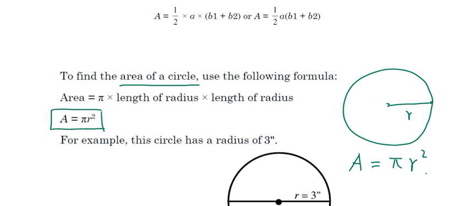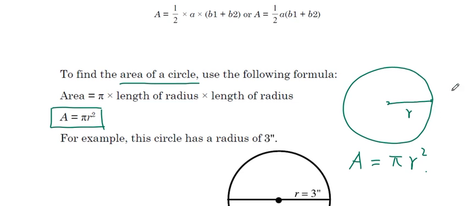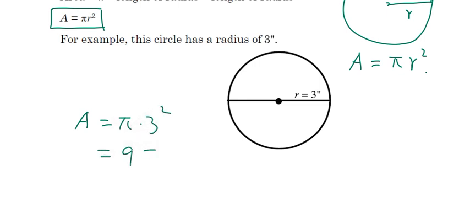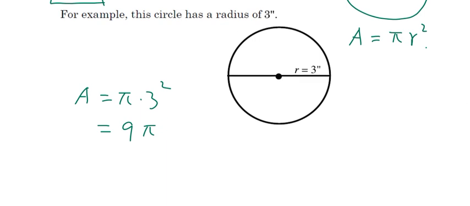So r is what we call the radius. So this is the formula. For this circle, if r equals 3, then the area is pi times 3 squared, so A equals pi times 3 squared, or 9 pi.